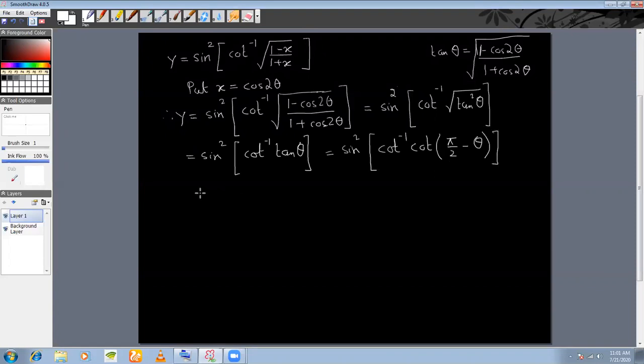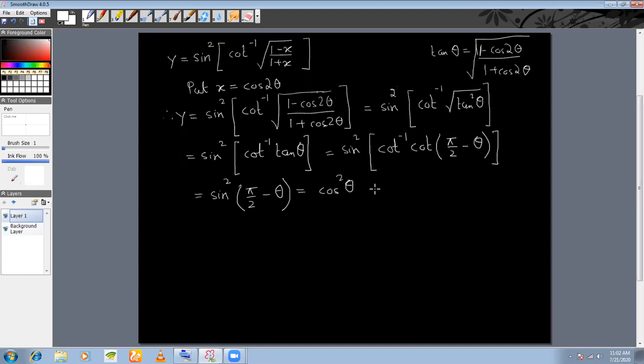So this is sine square of pi by 2 minus theta, right? You want to know what is sine square of pi by 2 minus theta? It is cos square theta, isn't it? Which is cos square theta.